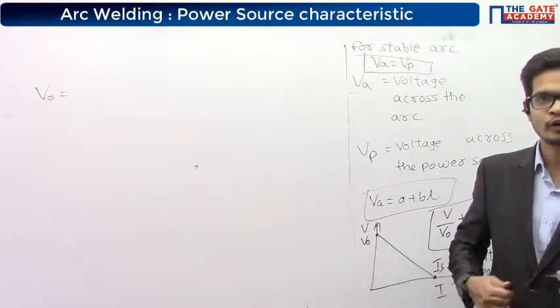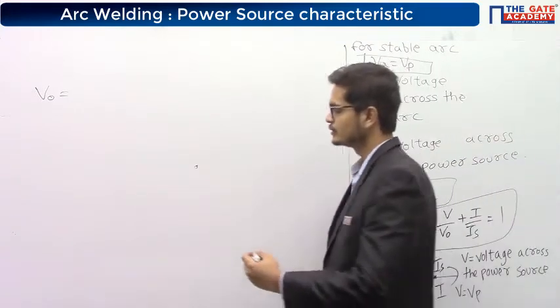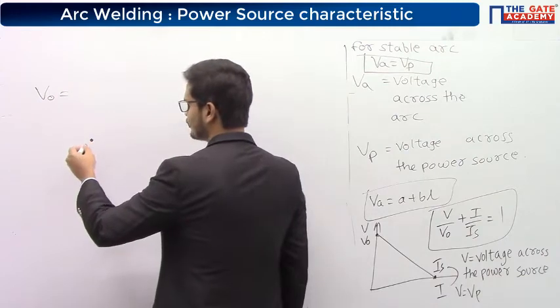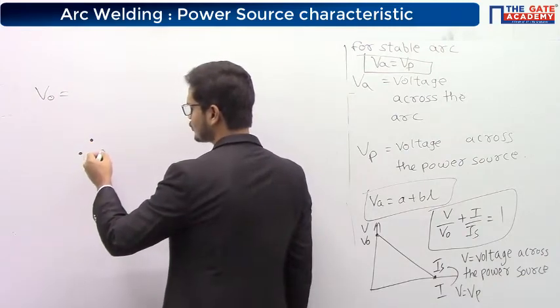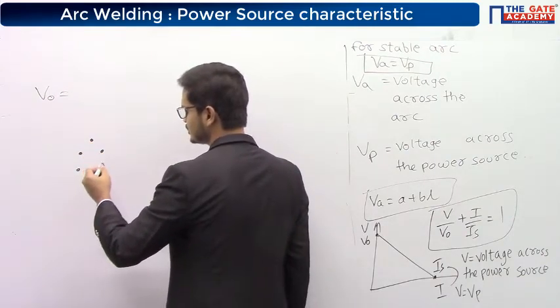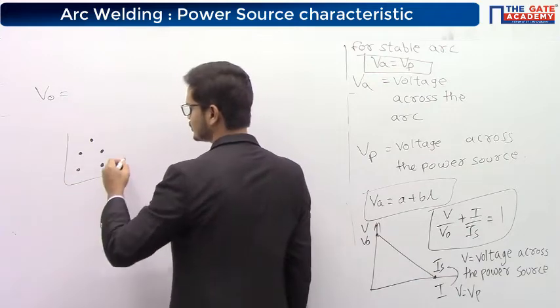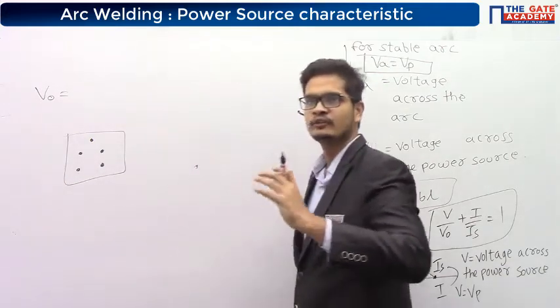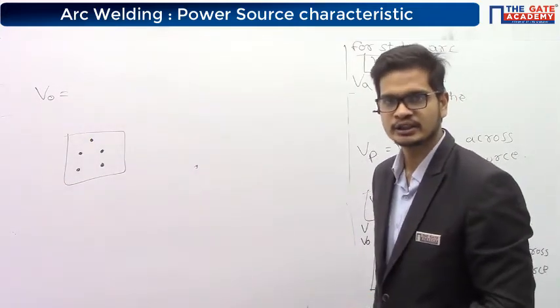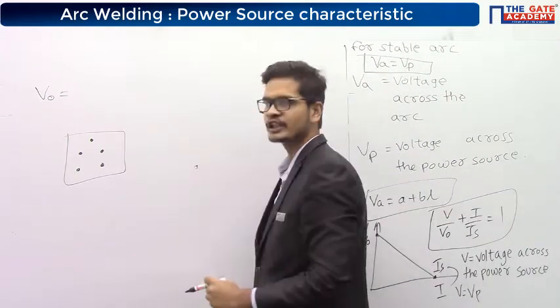Now, what is the meaning of open circuit voltage? You might have seen that in our houses we have plugs like this in the switchboards, right? We insert the pin inside this, adapters we are inserting inside this.